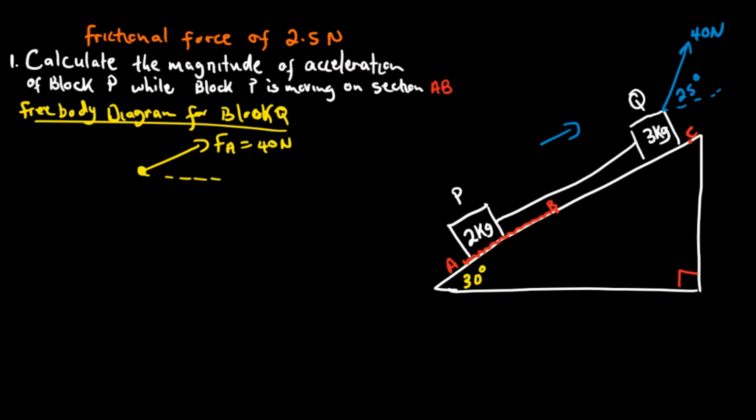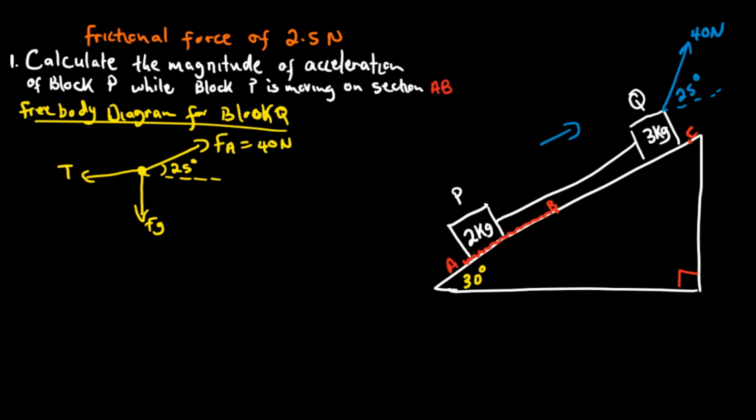This is the angle of 25 degrees. Now another force that is acting on block Q is the force of gravity, and we also have the tension. So now that we know this, we need to find the F net of this block here.